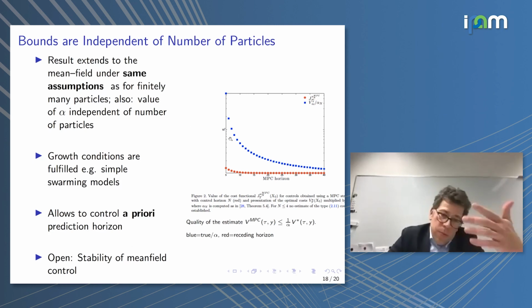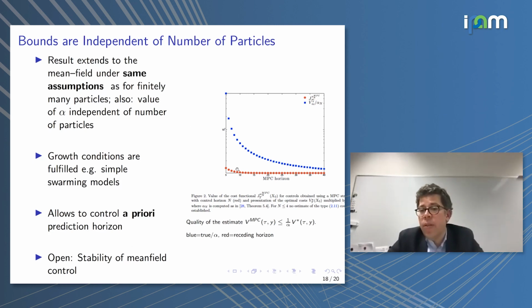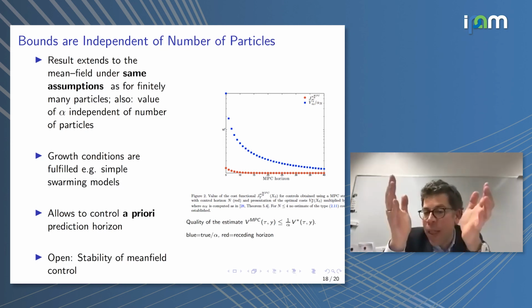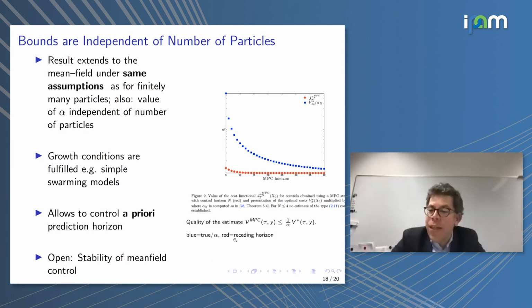You could also do some numerical tests, which would show you how far you are away given the model predictive control horizon. You see that the alpha, of course, gets very bad if the model predictive horizon is small. But if you can, under certain conditions, compute this alpha explicitly, it allows you to decide a priori how long this horizon should be in order to have a kind of optimality.